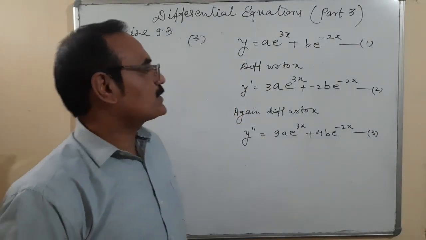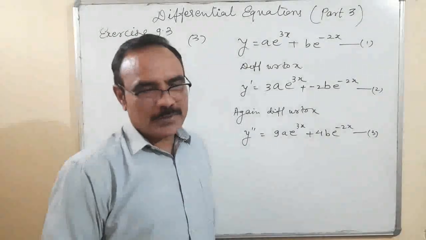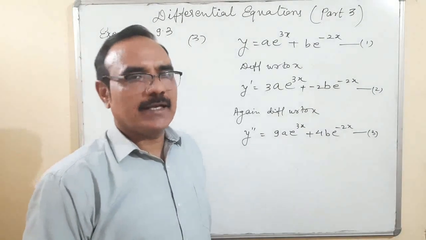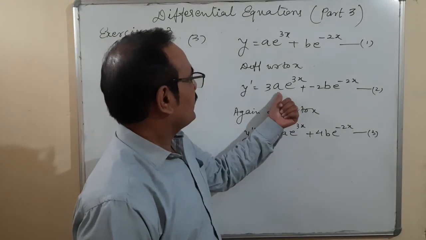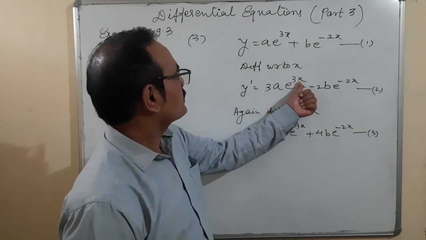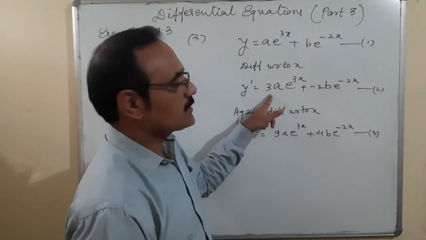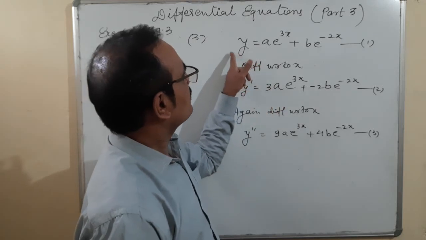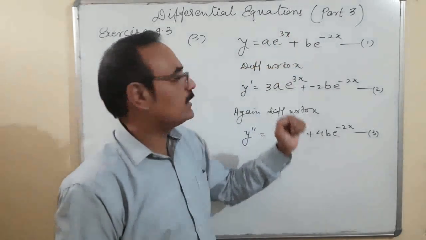Now with the help of equation number 1, 2 and 3, we want to eliminate a and b. Now let us see the coefficient of a in second equation is 3 e to the power 3x, and in the first the coefficient is e to the power 3x. So what should be done? Equation number 1 is multiplied by 3 and subtracted from equation number 2. Then what happened?